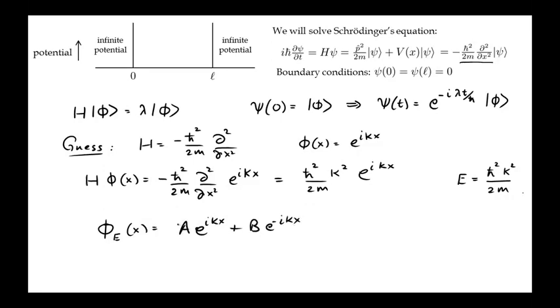For every A and B, this is an eigenstate of this operator H with eigenvalue E sub k equal to h bar squared k squared over 2m.